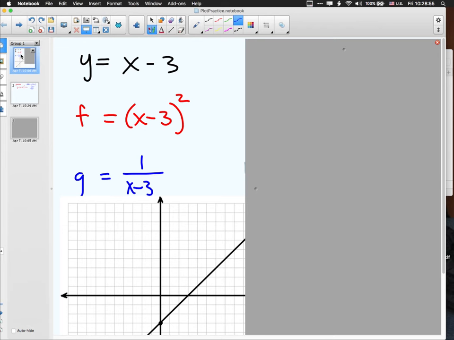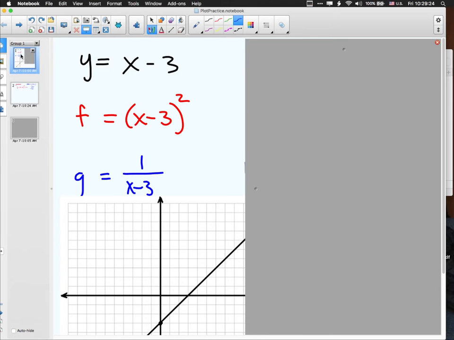Yes, we learned this in kindergarten when we were talking about transformations. When you change the x part, it's a horizontal shift, left and right. And you can think about it, if you want, as doing the opposite of what you see here. This is x minus 3. That means that it's been shifted 3 to the right. This one has plus 0. It's not shifted up or down at all.